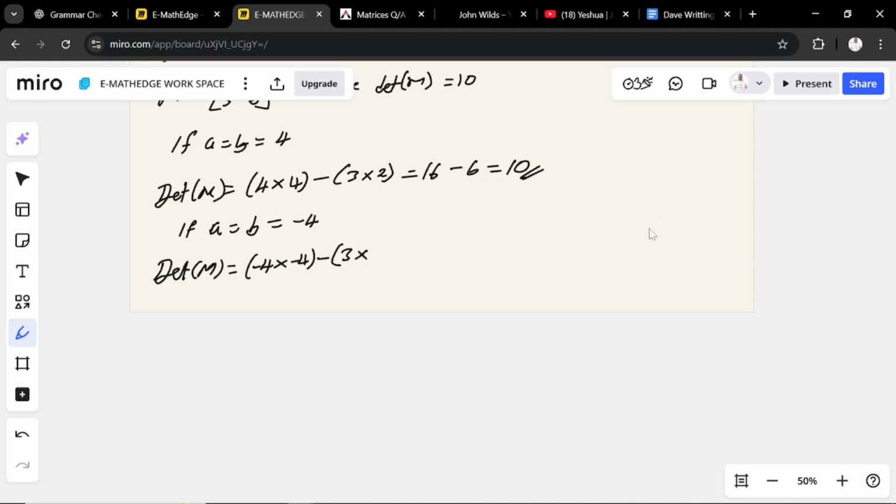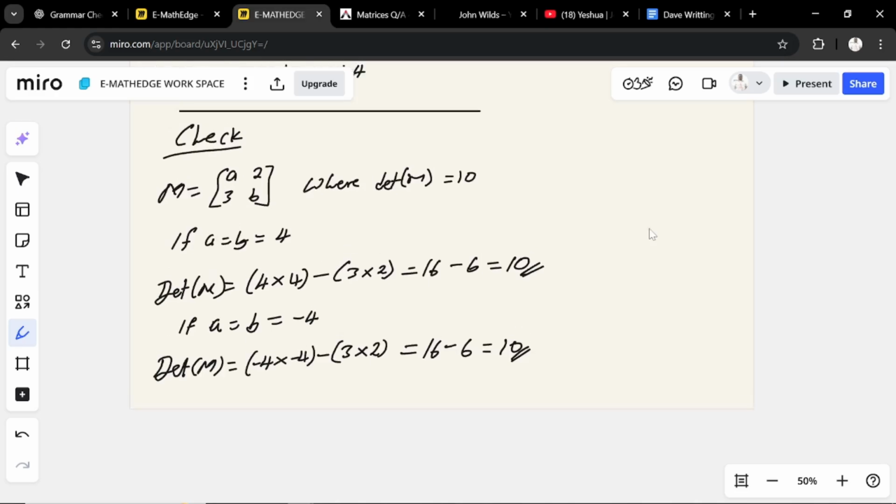Negative 4 multiplied by negative 4 is going to give us 16, and 3 multiplied by 2 is going to give us 6, such that if you subtract 6 from 16, it is going to give us 10. So that's to say, if A and B, which are the same, are either 4 or negative 4, your answer is correct.